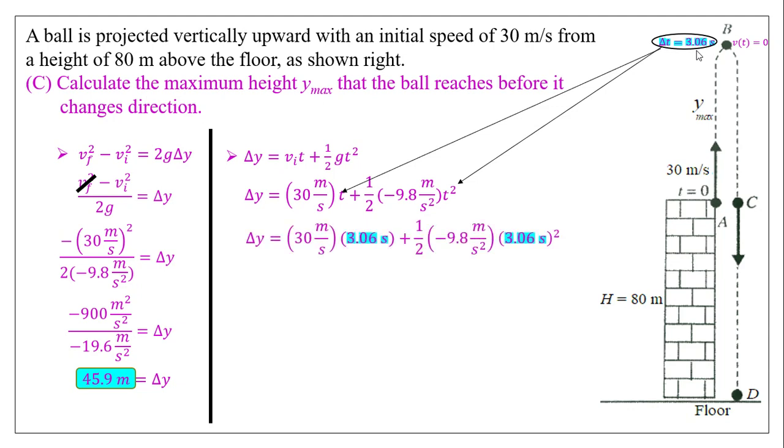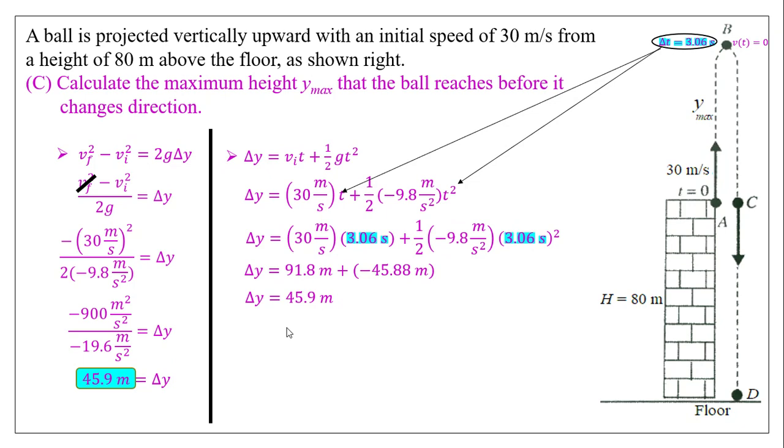So now that we know 3.06 from our previous calculation, we can substitute it in quickly. If you simplify all this on your calculator, you get 91.8 plus a negative 45.88. So here, if we add the positive and the negative value, we'll get a positive 45.9. So as you can see, the answer comes out the same, 45.9, regardless of which strategy you exercise.